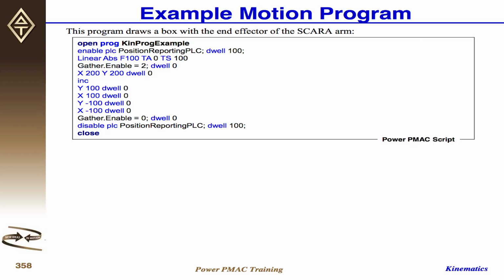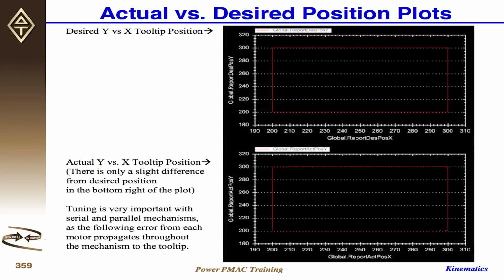And we have a little program in here to just draw a box. This is the desired position, this is the actual position. If the tuning of your motor is poor, then you will see a significant difference between the desired position and the actual position.